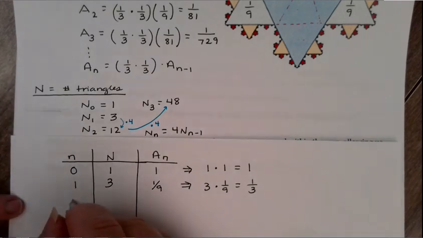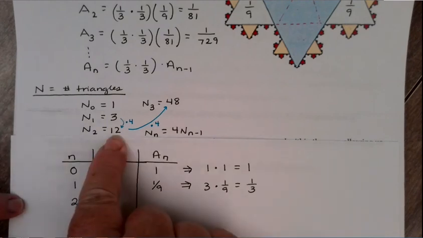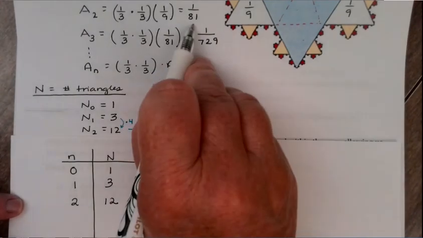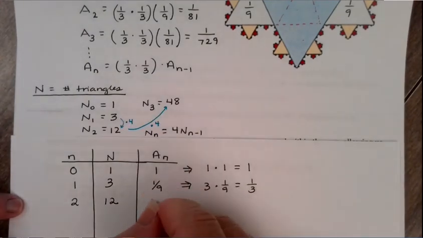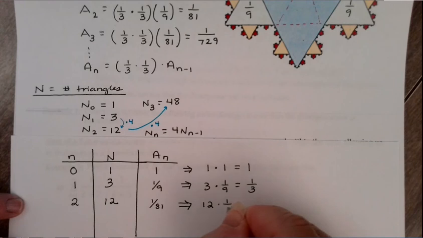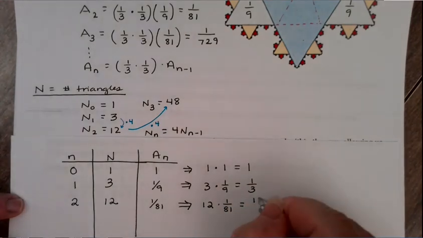When n is 2, there were 12 triangles. Each triangle had an area of 1/81. So my total area there would be 12 times 1/81, giving me 12/81.